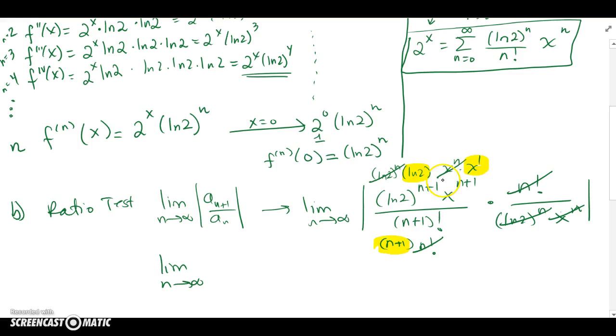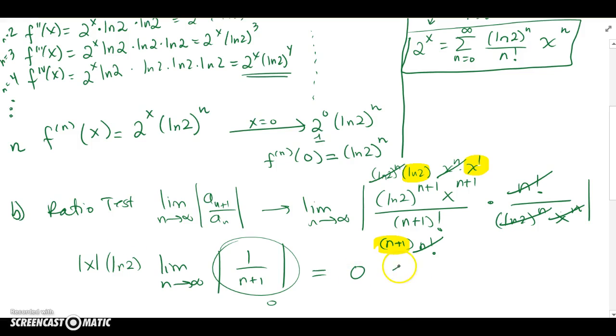These two are independent of n. I'll pull them outside, and inside I have a 1 over n plus 1. And as n goes to infinity, it looks like this guy goes to 0. So I end up with 0 times this business I pulled out, which is 0. And this is always less than 1.